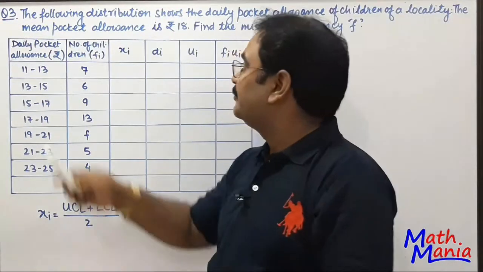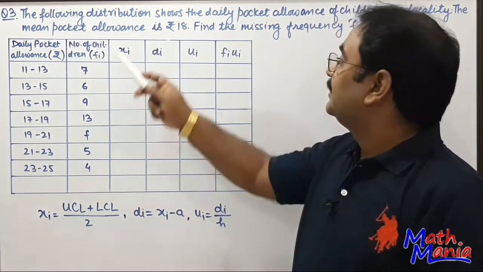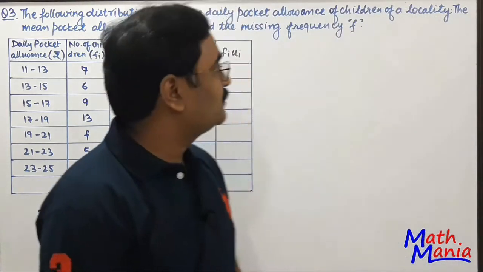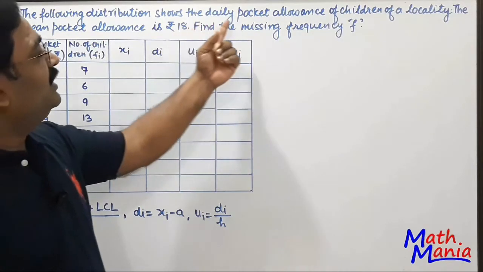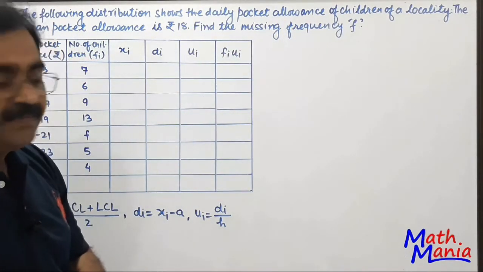So let's see question number 3 of exercise 14.1. It is given: the following distribution shows the daily pocket allowances of children of a locality.